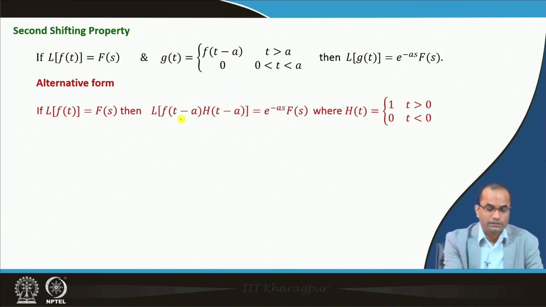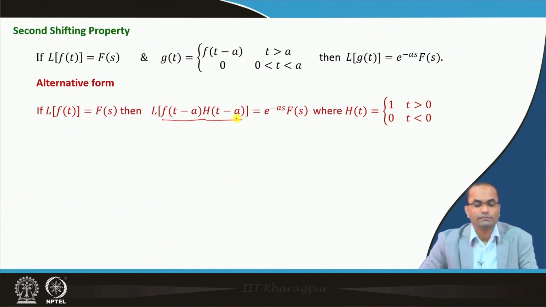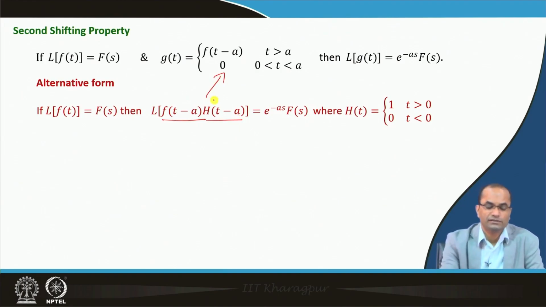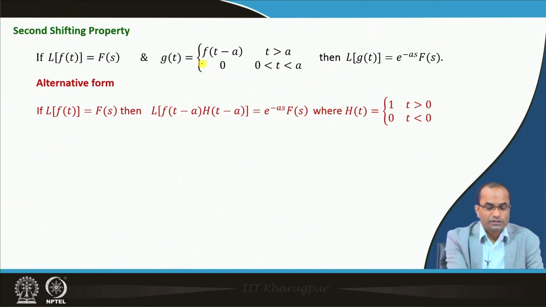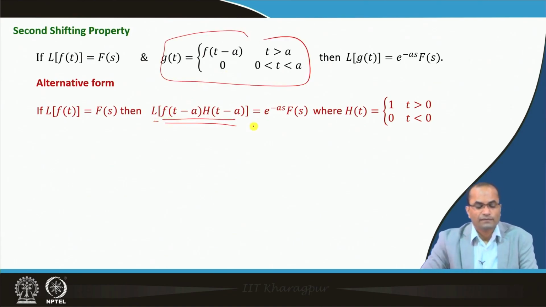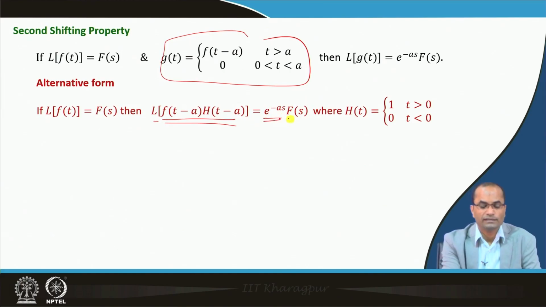Now f(t minus a) H(t minus a) is exactly this function g(t), because when t is greater than a, H becomes 1, so we have f(t minus a), and when t is less than a, it becomes 0. So instead of writing g(t) in the earlier way, we can write f(t minus a) H(t minus a), and we have e to the power minus a s and then F(s).